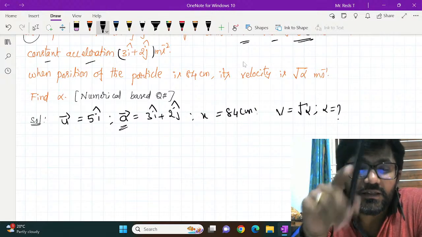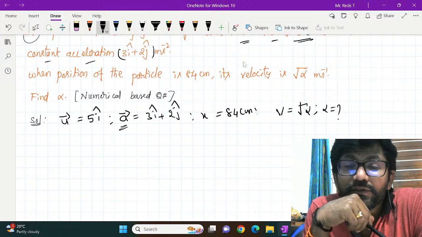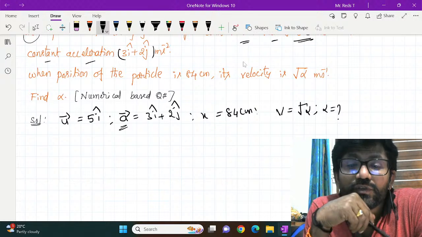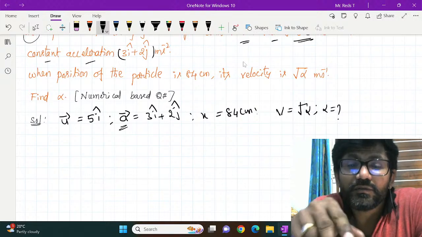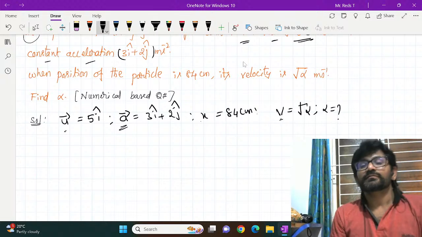See here, the one which relates the initial velocity, acceleration, and displacement. We can take s is equal to ut plus half at square, or v square minus u square equal to 2 a x.